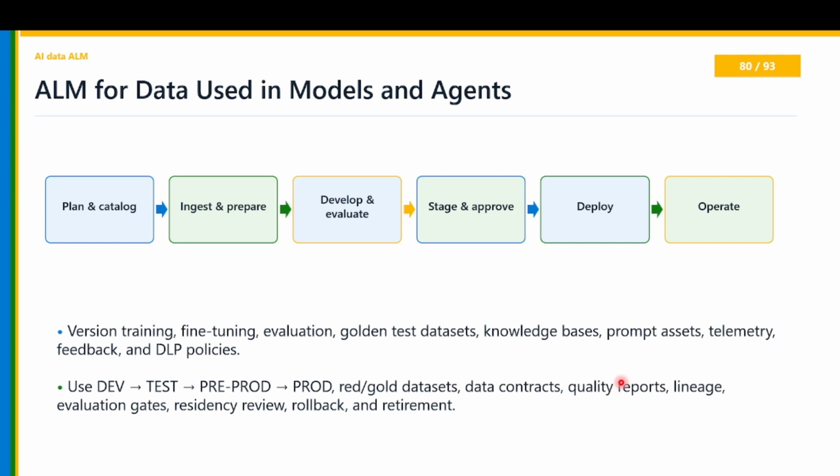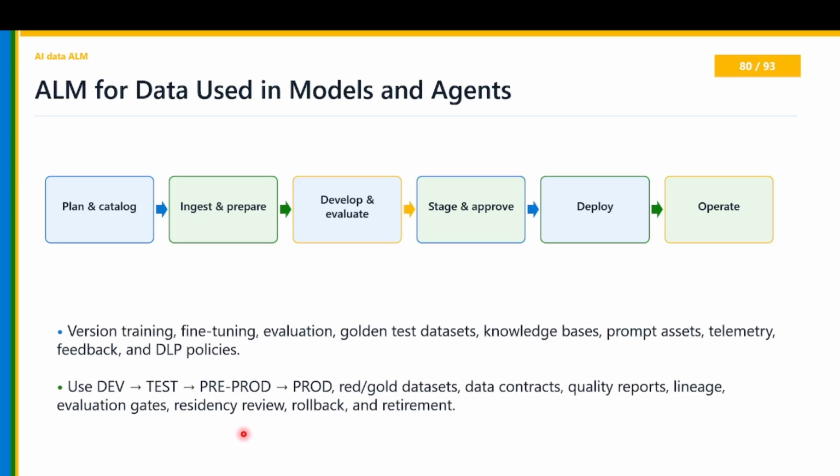Okay, so quality reports are what you are visualizing from Power BI and using the data. Then you have lineage tracking. So which agent is the data coming from, and where is the data stored? So you track the lineage from source to usage, and set evaluation gates to evaluate the data, and the residency review.